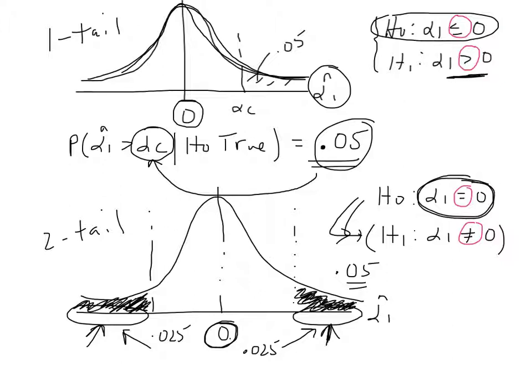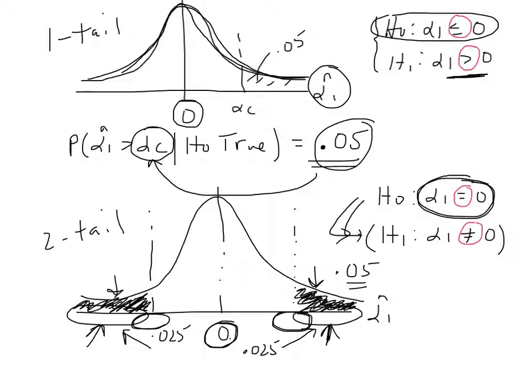Okay, so we're going to have 0.025 in this part of the distribution, 0.025 in this part, and we will use that 0.025 to find the appropriate critical values here and here, which will divide the acceptance versus the rejection region.